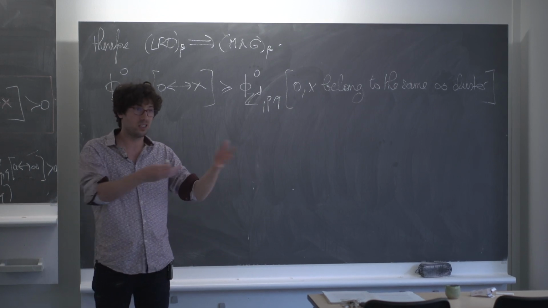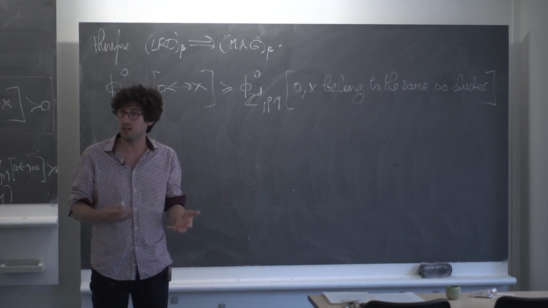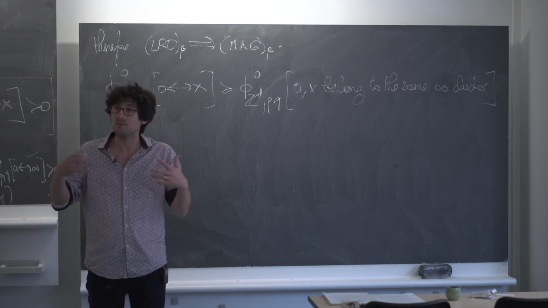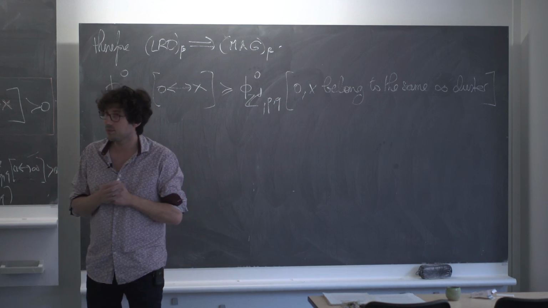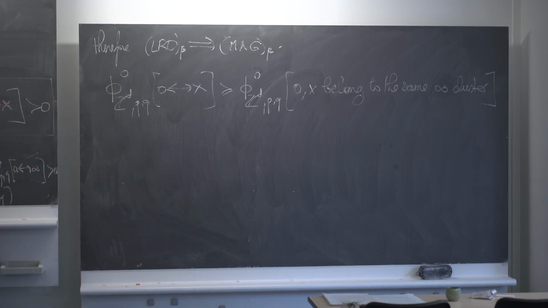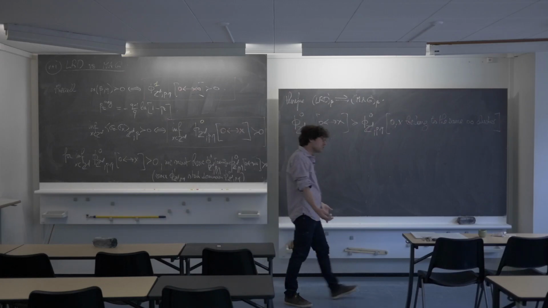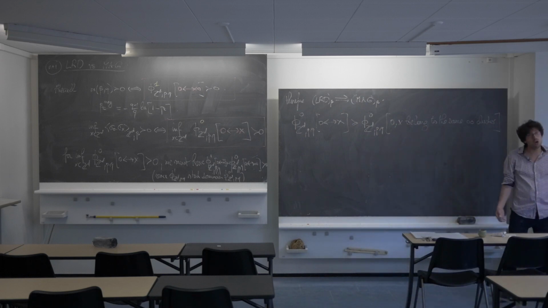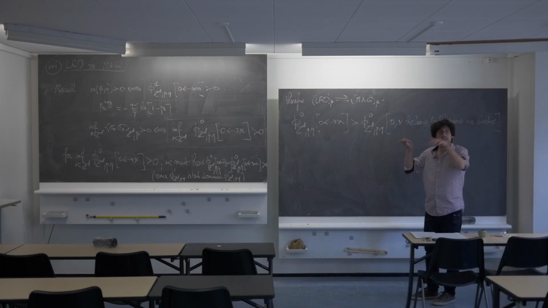So by the FKG inequality, this probability would be larger than the probability that 0 is connected to infinity times the probability that x is connected to infinity. So this will be positive since I want to prove that magnetization implies long-range order. But these two vertices have no reason to be in the same infinite cluster.